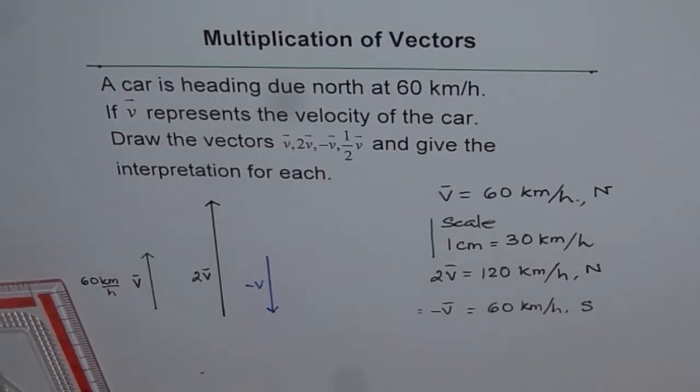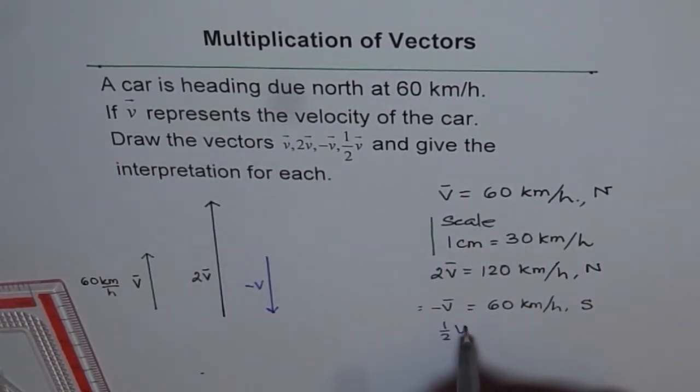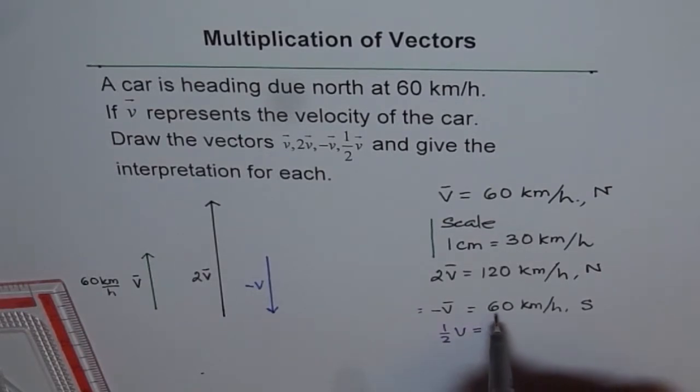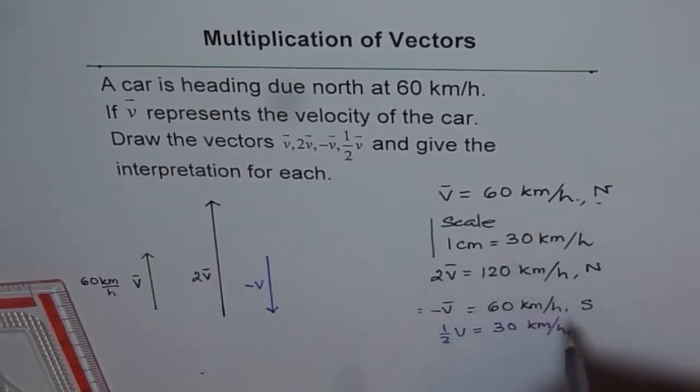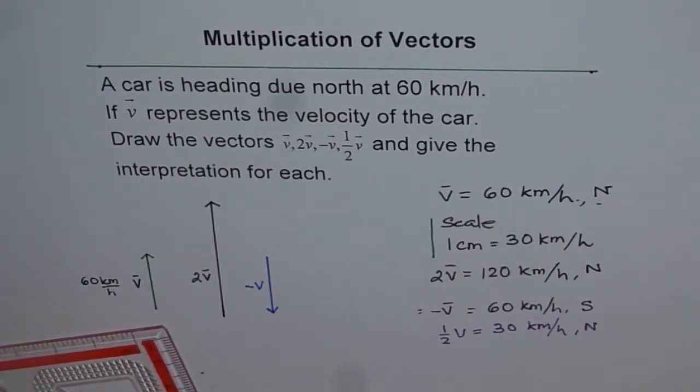How about half v? Now if you say half v, that means magnitude is half, right? So half v should be equal to half of 60. That is 30 kilometers an hour, but direction will be same as v, right? Which is pointing north. So on our scale, it will be 1 centimeter.